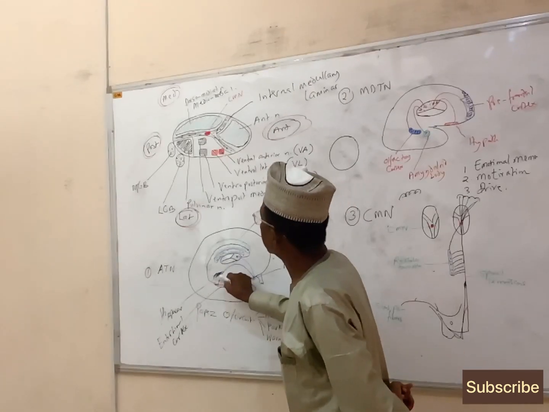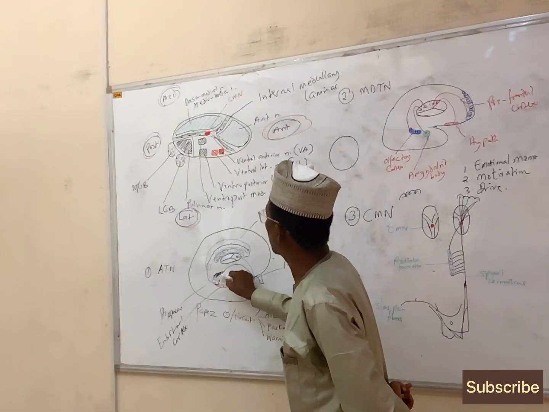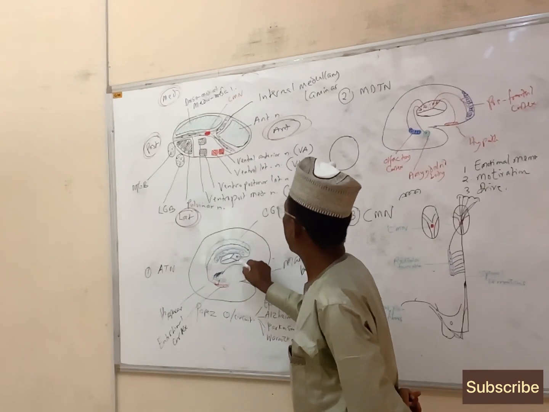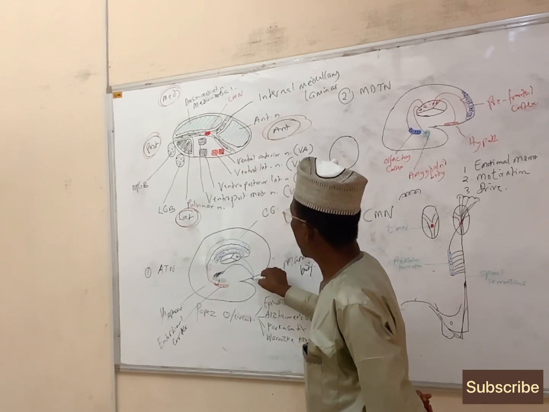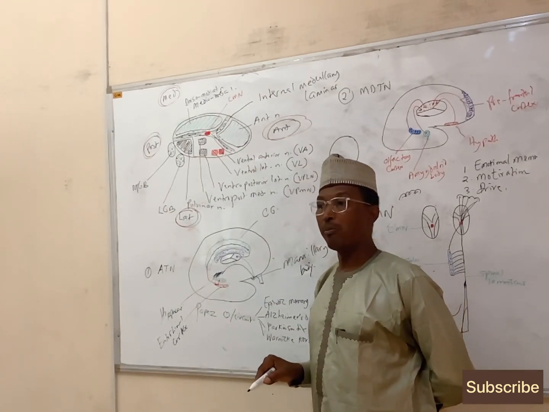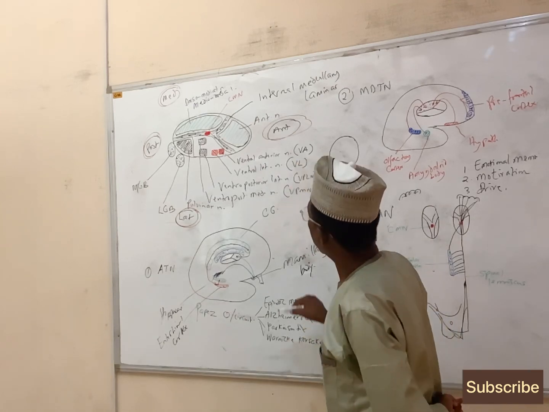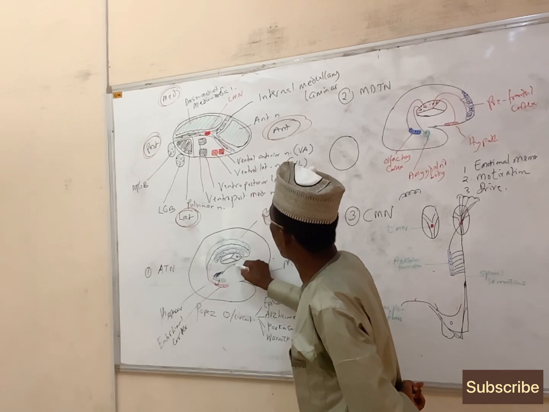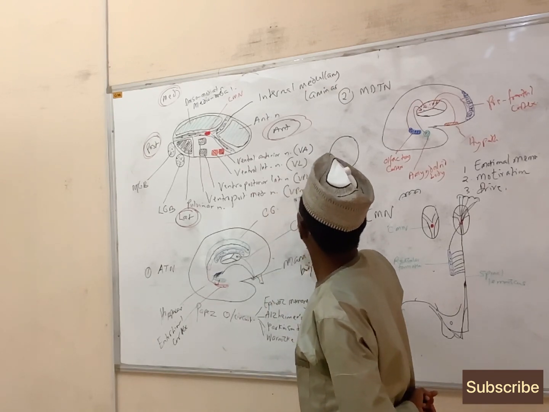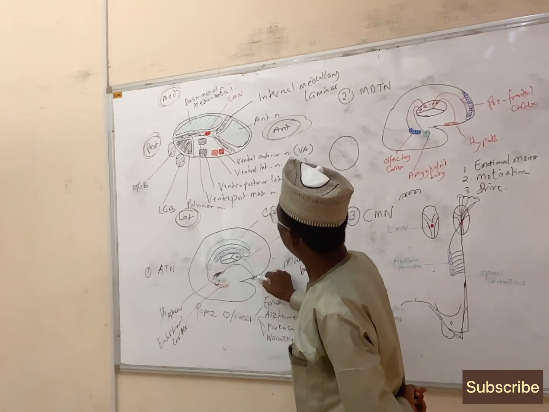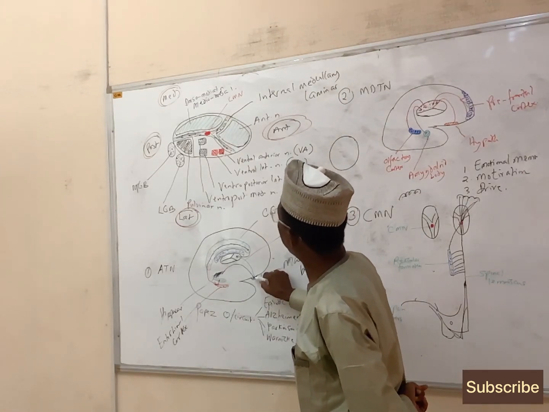These fibers take origin from the hippocampus, pass upward, forward, and downward, and synapse with the nuclei located within the mammillary body. This forms what we call the fornix.